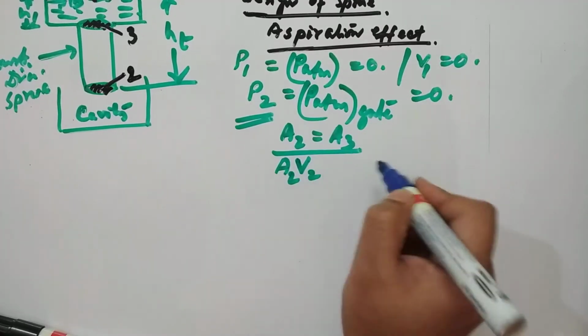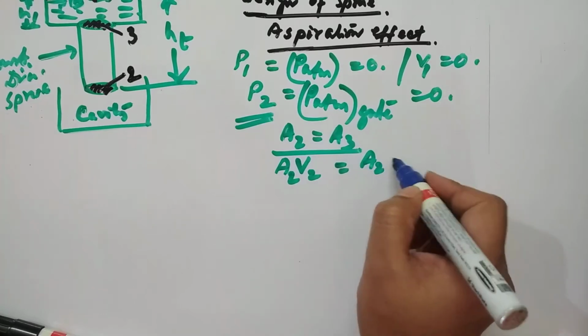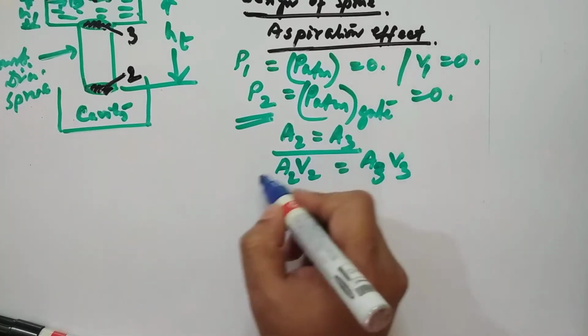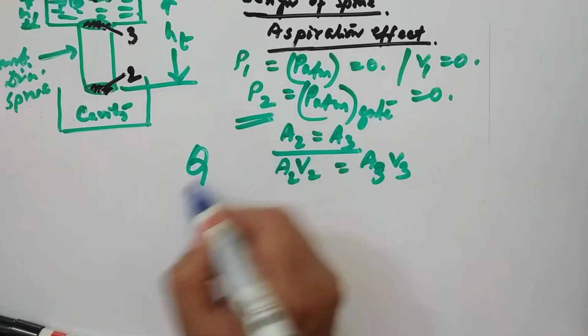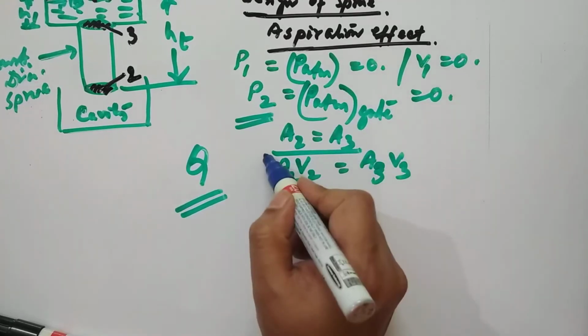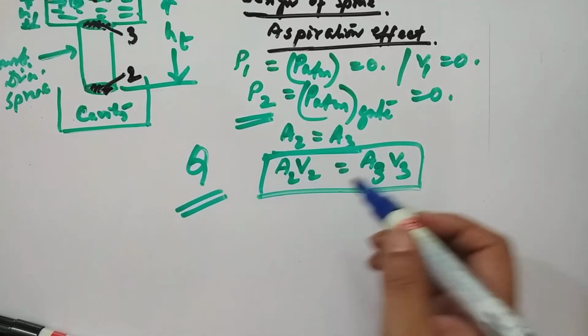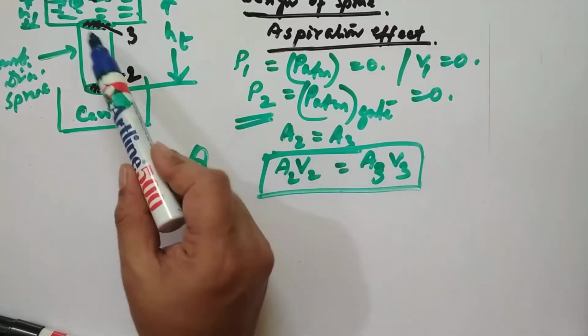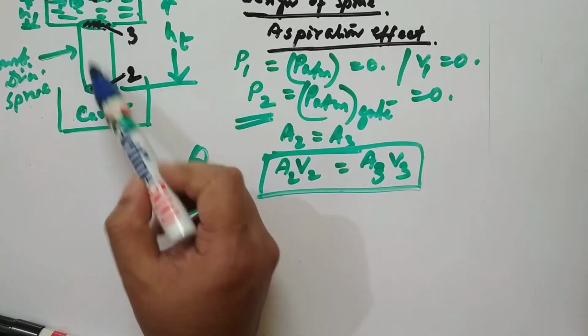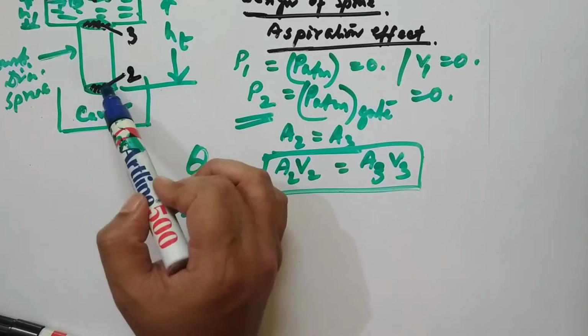So A2 V2 I can write is equal to A3 V3. That is the flow rate, Q. So I can write A2 V2 equal to A3 V3, because the flow rate will be equal at these 2 points.